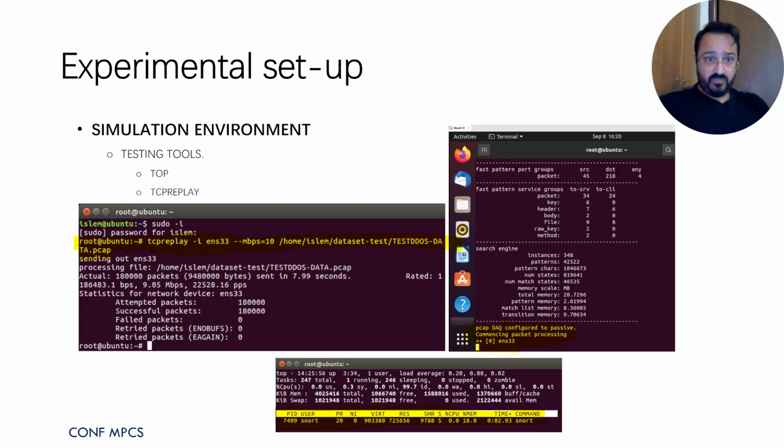So first we have one tool, tcpreplay, and the second tool we used was top, which, as you can see in the bottom picture, we were using to monitor not the total CPU and the total RAM, but the service, the PID-specific CPU, memory, etc.